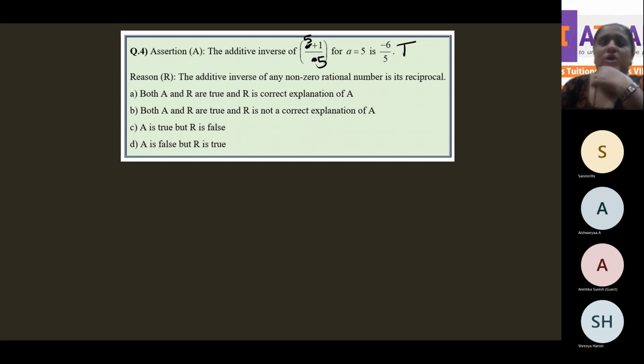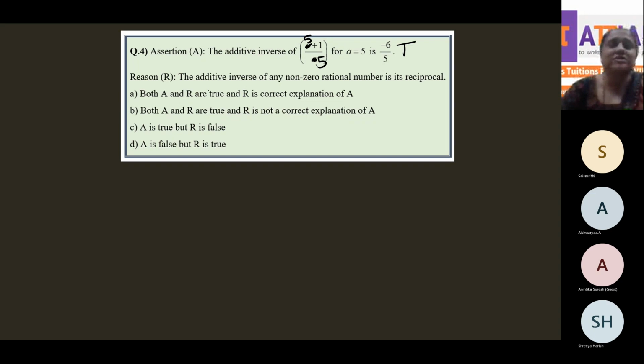The additive inverse of any non-zero rational number is its reciprocal. True or false? The multiplicative inverse is the reciprocal. Additive inverse is not the reciprocal. Additive inverse is the negative of the rational number. Multiplicative inverse is the reciprocal of the rational number.